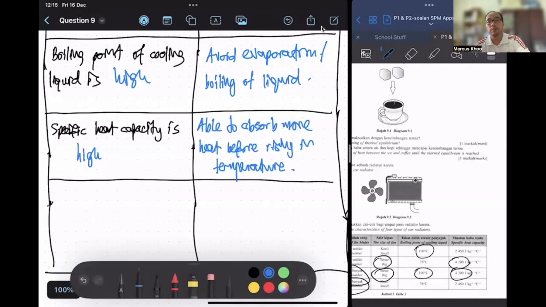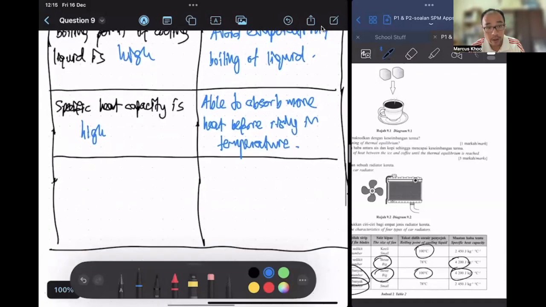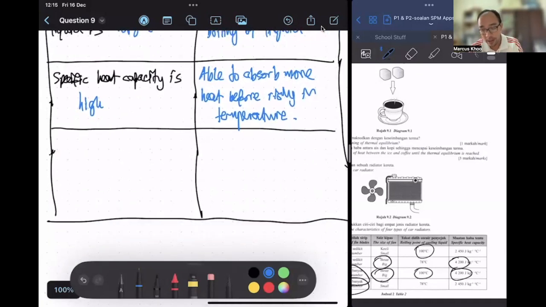If it is a low specific heat capacity, you just need a little bit of heat, then it can rise in temperature. We don't want that, because remember, the car radiator is usually very hot. So of course, for the last 2 marks, C is chosen.